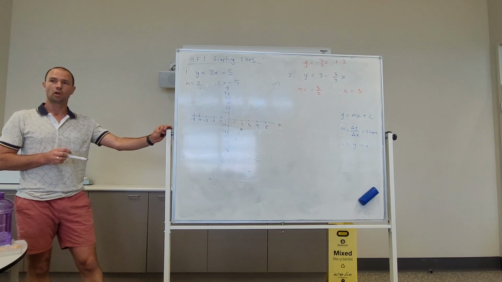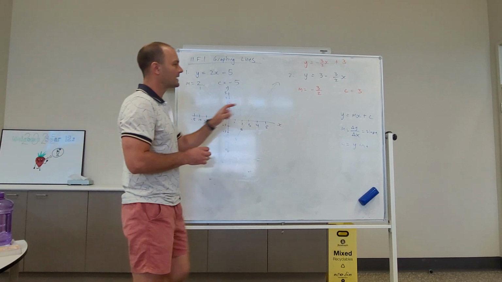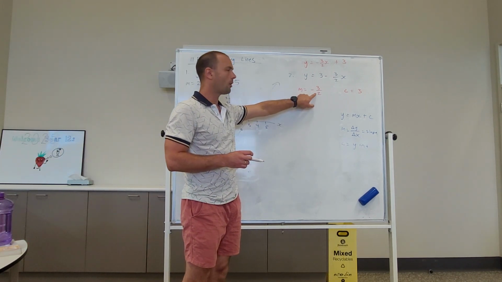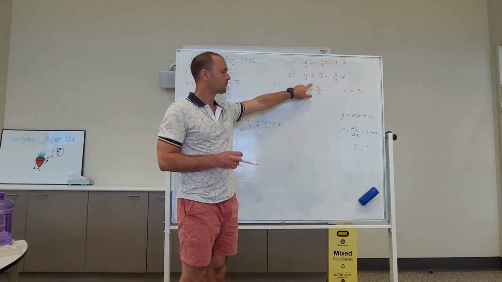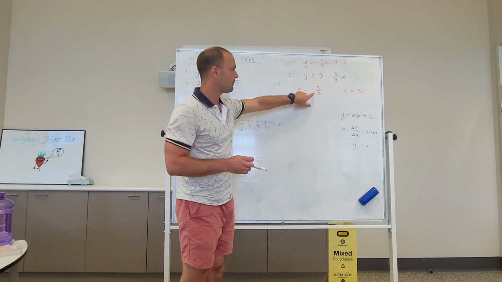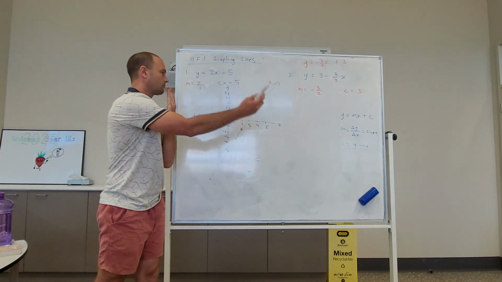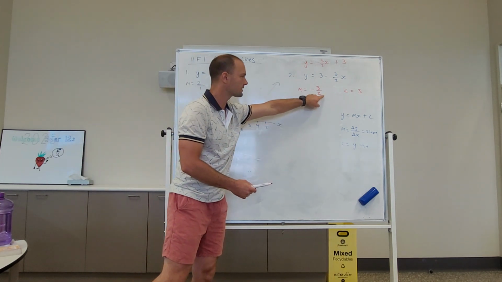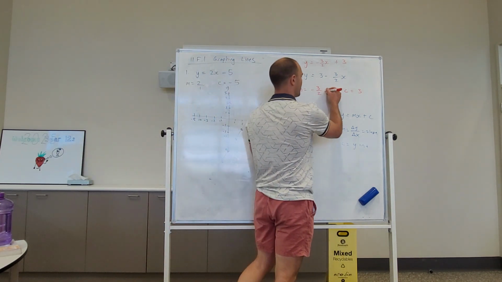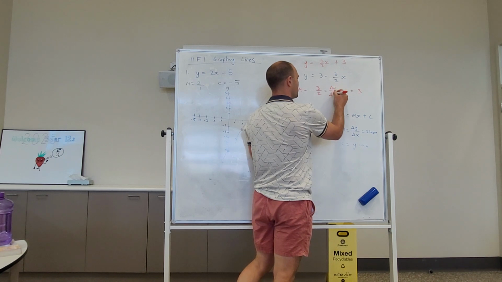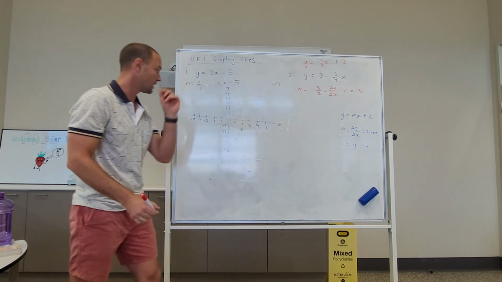Now we have a slope of minus 3 on top of 2. So remember, the change in x always goes from left to right. Let me write this up here again. Delta y on delta x, change in y on change in x.